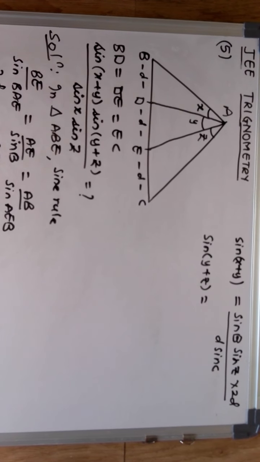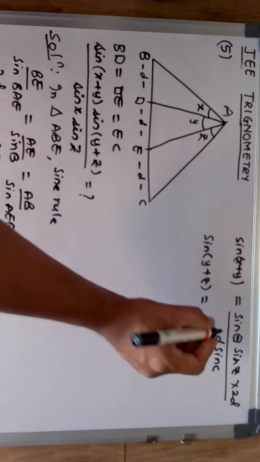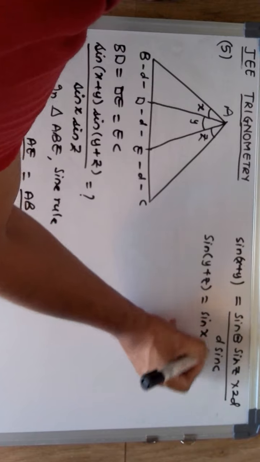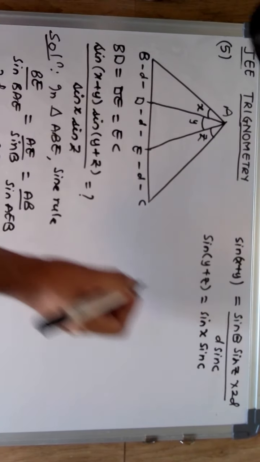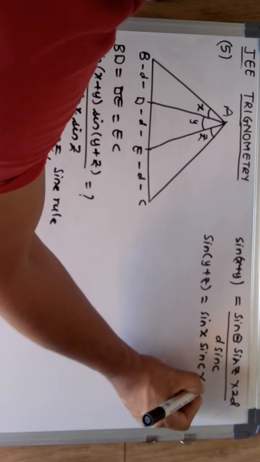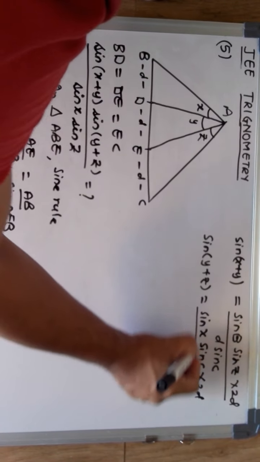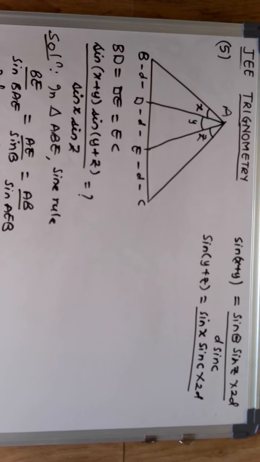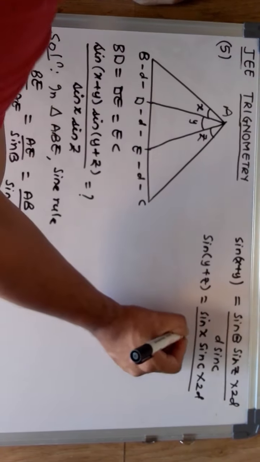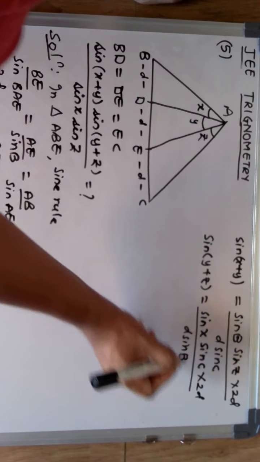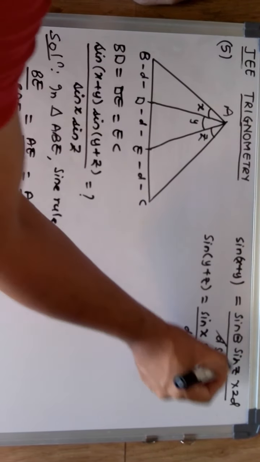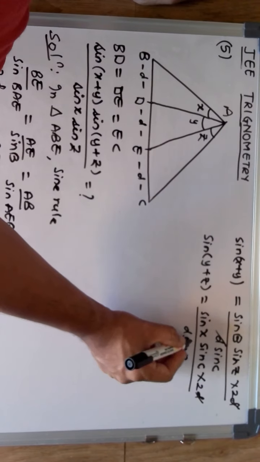I will get this sin x sin C upside, sin x sin C into 2D upon, down remains D sin B. So D sin B. So obviously this D went here, this D went here.